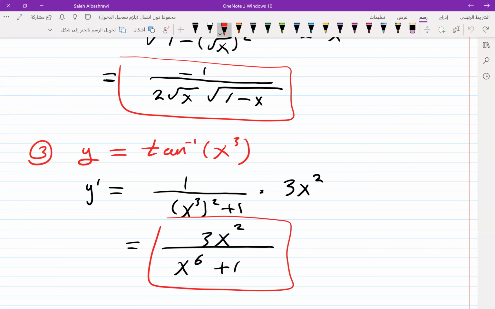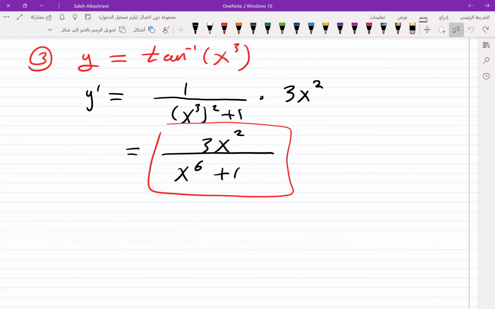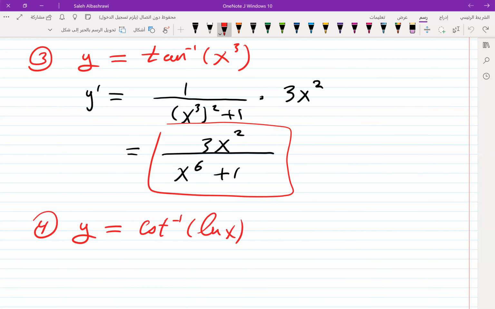One more. Number 4. Y equal to cotangent inverse of ln of x.